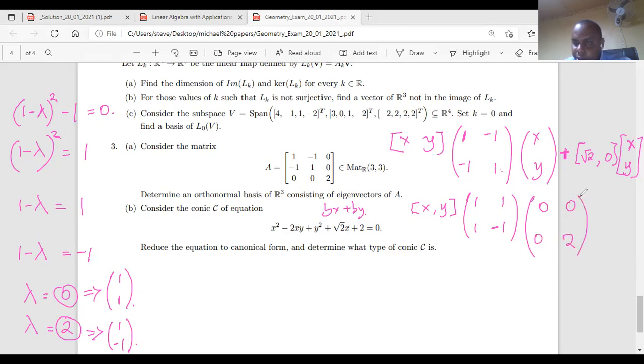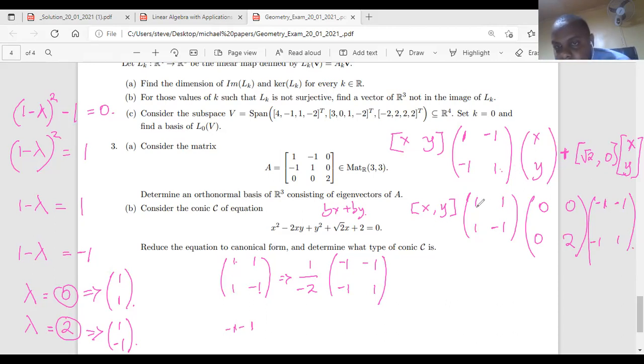And then the inverse of [1, 1; 1, -1]. First of all, the determinant is going to be -1 minus 1, so the determinant is -2. So it's going to be 1 over -2 times [-1, -1; -1, 1].